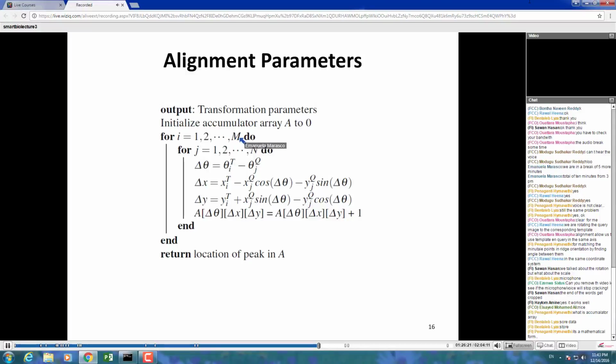And the same we do, we compute delta x and delta y. This is done for each possible pair of minutiae. So we have nested for loops, as you can see, and the result will be stored in the accumulator, so delta x and y, as you can see.